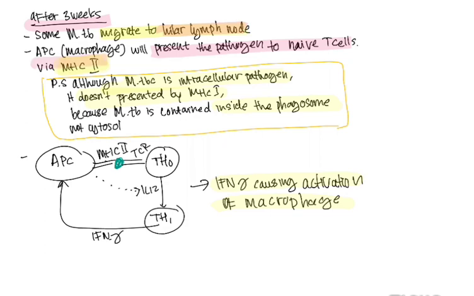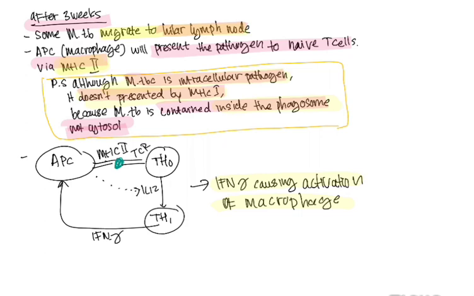We know that usually intracellular pathogens are presented with MHC1, but not in the case of mycobacterium. It is presented by MHC2 because mycobacteria are contained inside the phagosome, so they are not in the cytosol. That's why they are not presented by MHC1.